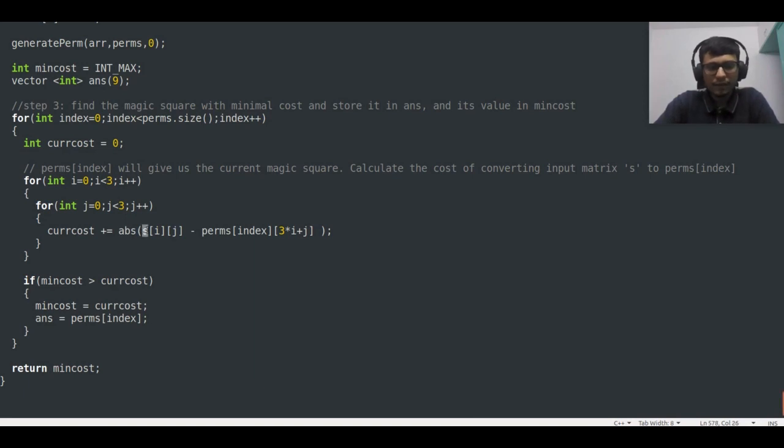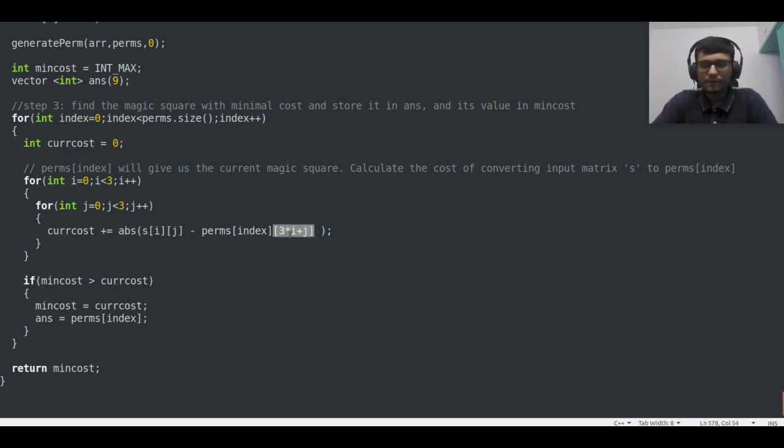So we can index the input matrix using i and j, that is s of i comma j, and index the corresponding value inside this perm of index, which is our 3x3 magic square flattened using the formula 3 into i plus j.